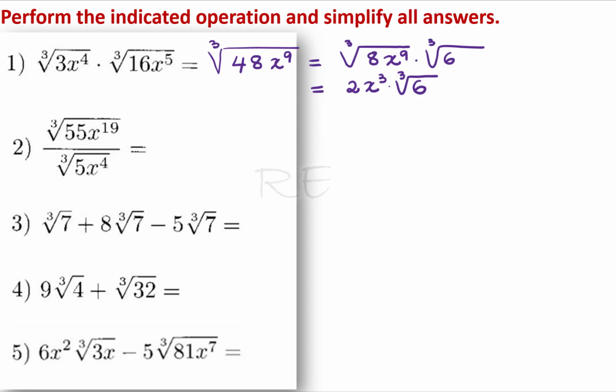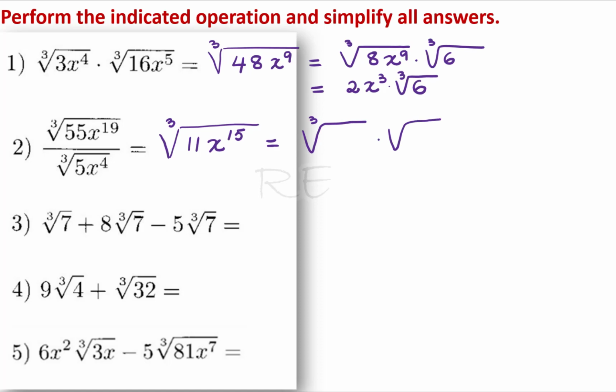For number 2, we're going to put everything together. Cube root of 55 divided by 5 is 11. And 19 minus 4 is 15. 11x to the 15th.